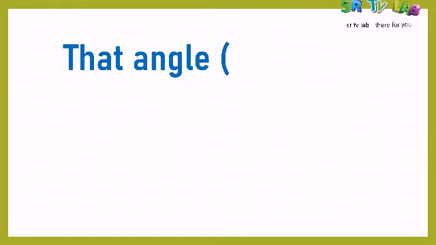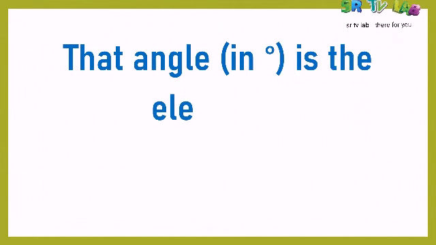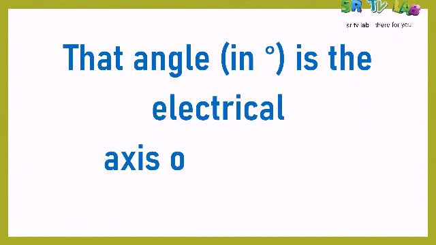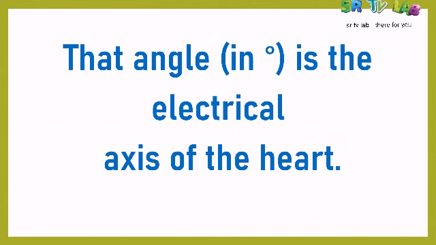The degrees of that angle are the electrical axis of the heart. Do you remember which angle? The angle between the horizontal line passing through the center of the grid triangle and the line passing through the centers of both grid and small triangles. That angle between the two lines is what we call the electrical axis of the heart.